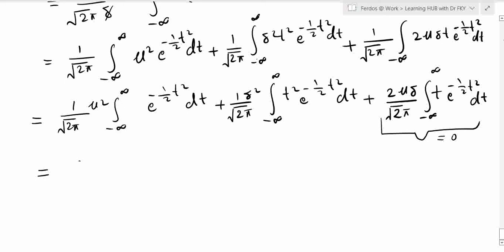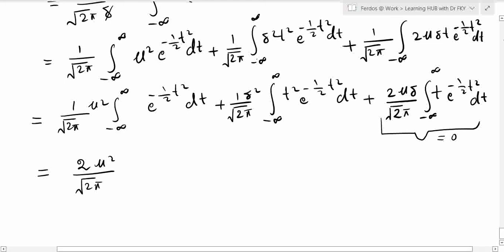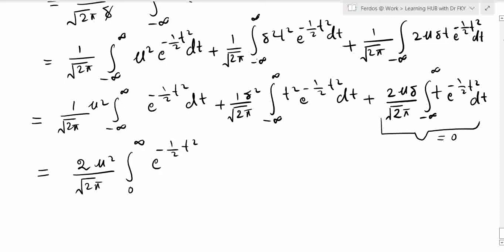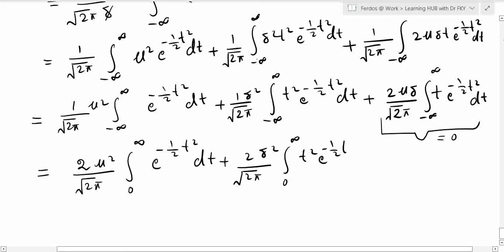So you can see 2 mu square over root 2 pi, 0 to infinity e power minus 1 divided by 2 t square dt, plus 2 sigma square over root 2 pi, 0 to infinity t square e power minus 1 divided by 2 t square dt.